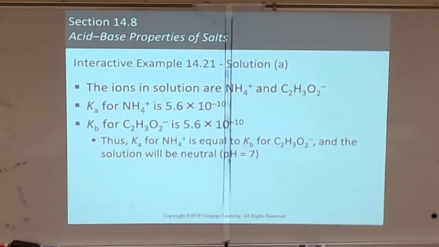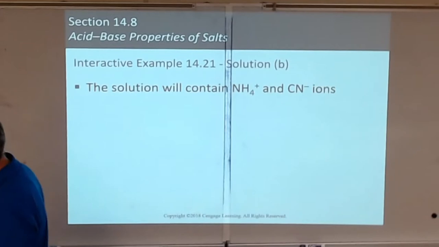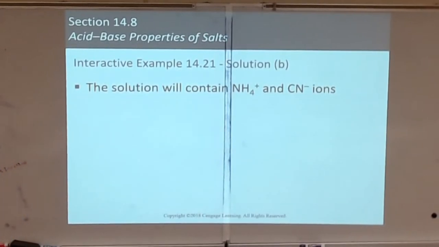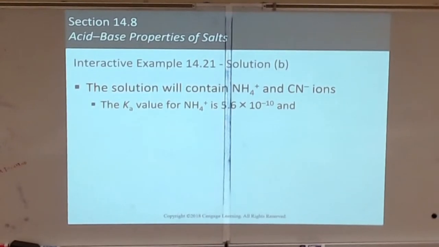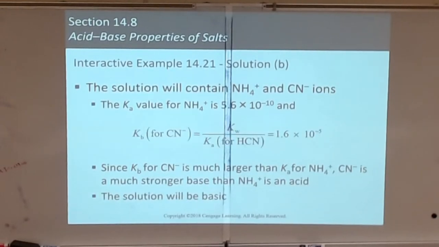Good? All right. How about this one? I've got ammonium and cyanide. The Ka for ammonium is 5.6 times 10 to the minus 10th, and the Kb for cyanide is 1.6 times 10 to the minus 5th.